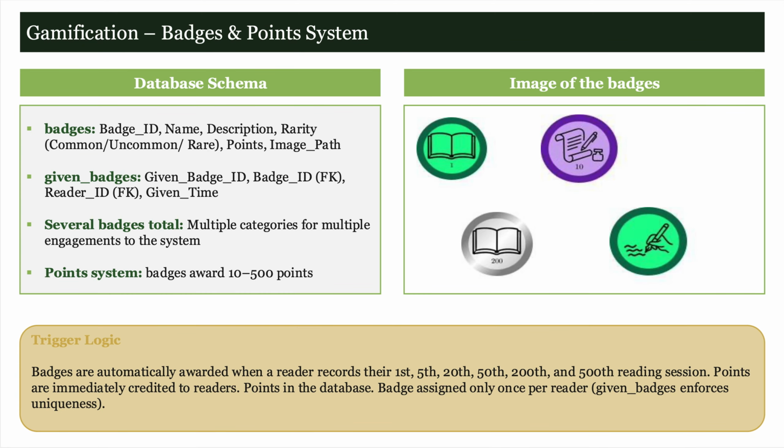One of the features that make LibTrack stand out amongst other apps is our gamification system. In other words, goals that readers can achieve. Currently, we've designed badges for readers to get by recording their reading sessions, adding books to the database, etc. All the badges given to any reader will be recorded in a separate table named Given Badges, which functions like a transactions record.